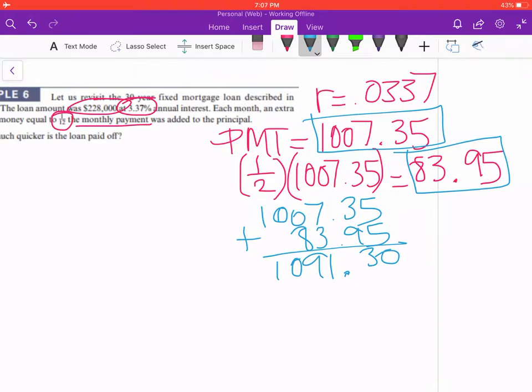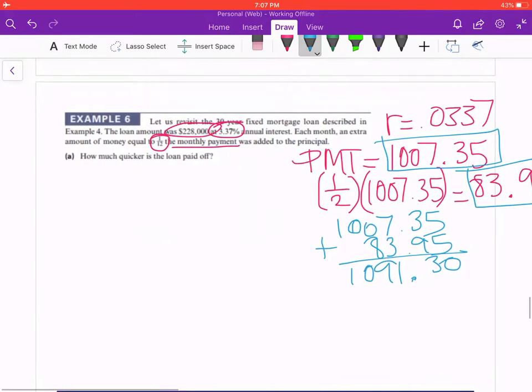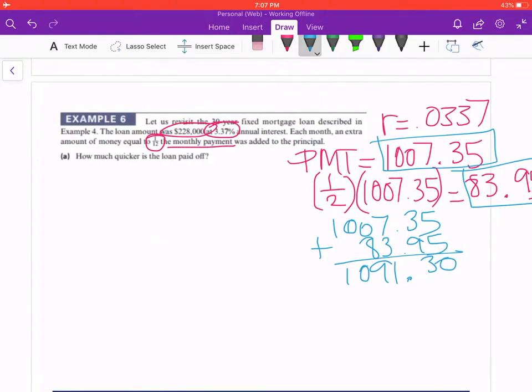And so with that new payment, if we were to look at the amortization table, we will obtain that out of the 360 payments, we're going to have 44 payments less, and so that will be equal to 316 payments.